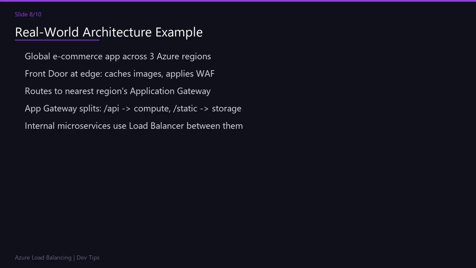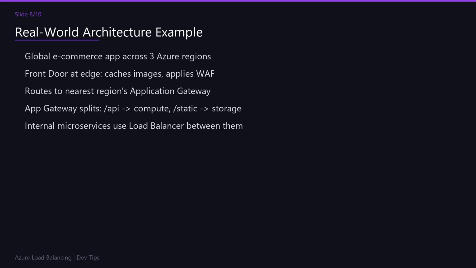API calls go to your compute pool, static assets go to blob storage. Your backend microservices, order service, inventory service, payment service, talk to each other through internal Azure Load Balancers. 3 different load balancing services, each doing what it does best, at the right layer. This is how production architectures actually work.